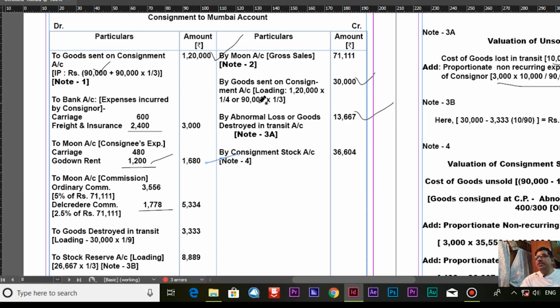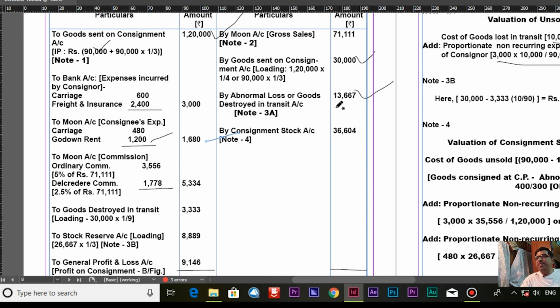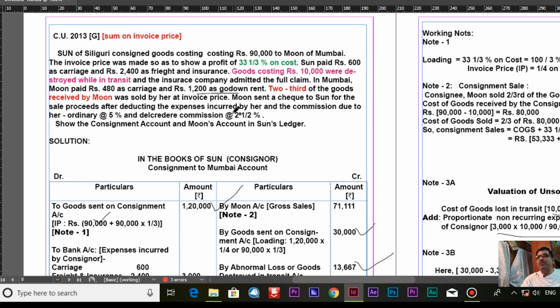Naturally, we got this amount 1,680, and it is the expenses incurred by consignee. Therefore, to Moon account, that is consignee's account, 1,680. But remember, godown rent is given and it is a recurring expense, and it will come at the time of calculation of closing stock.